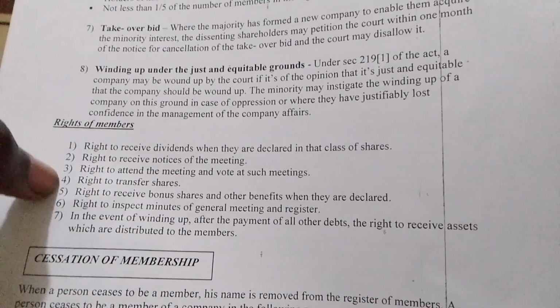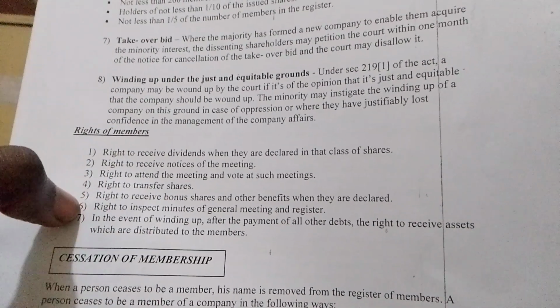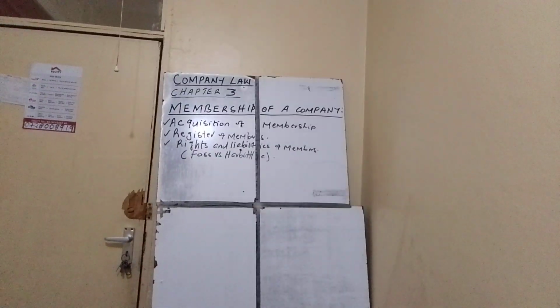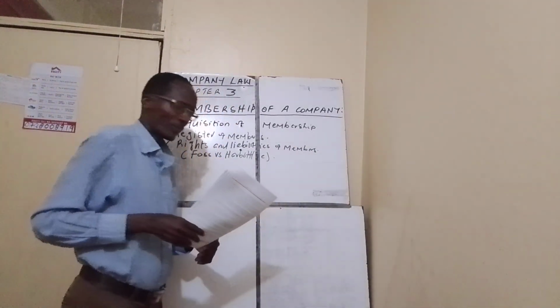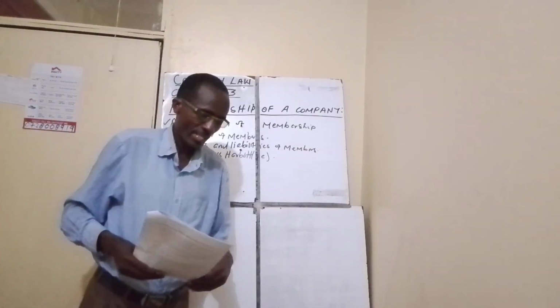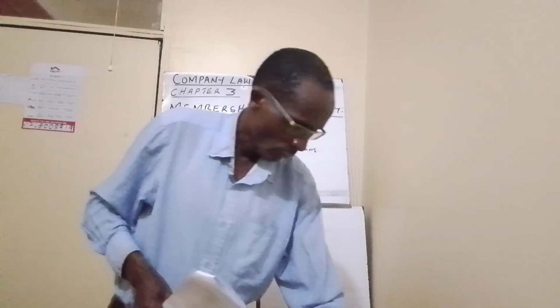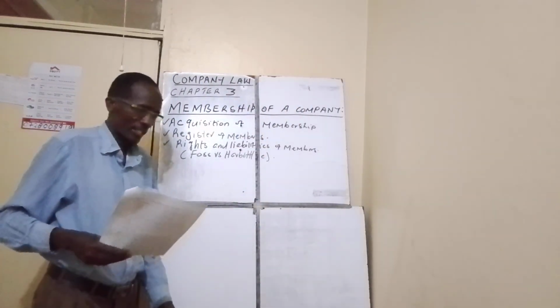Can you check the rights of members? A member is a shareholder. What are the rights of members? Now we have seen some individual rights and corporate rights. We discussed that a few minutes ago.